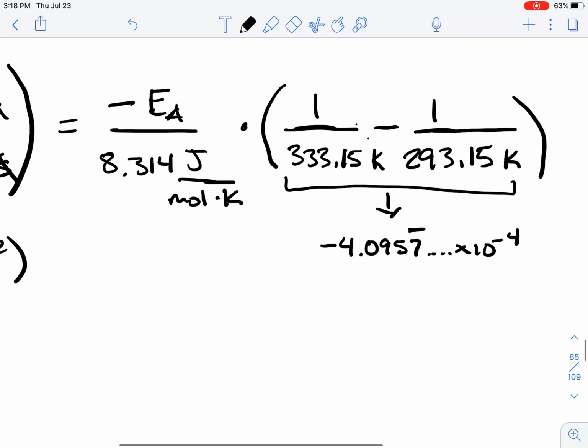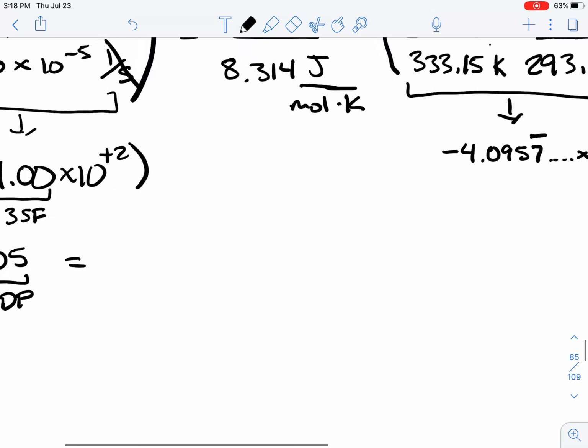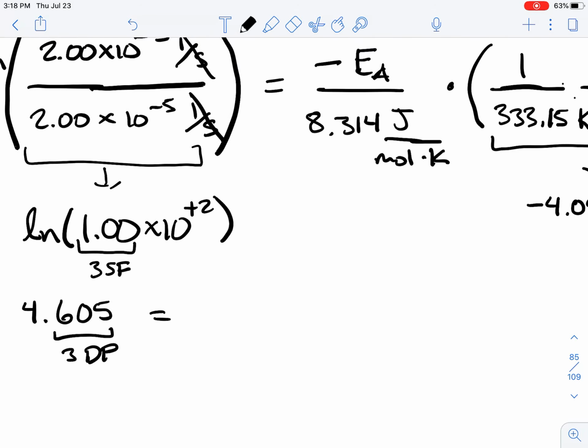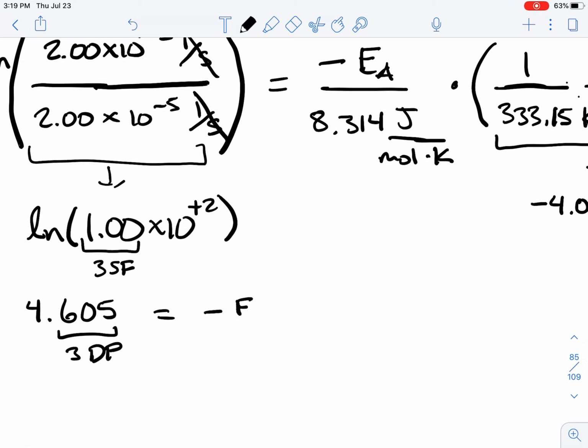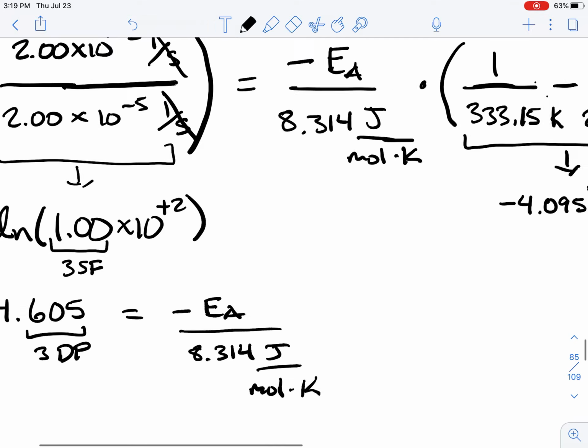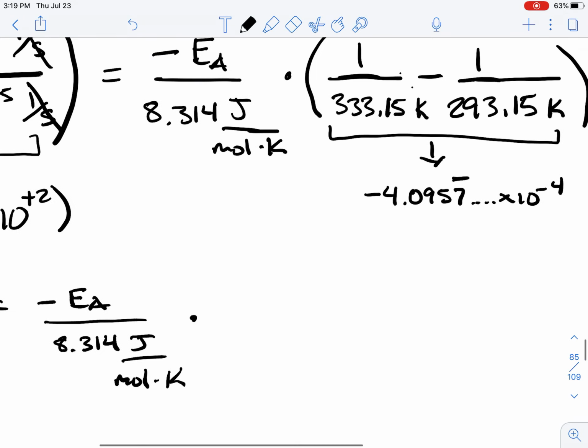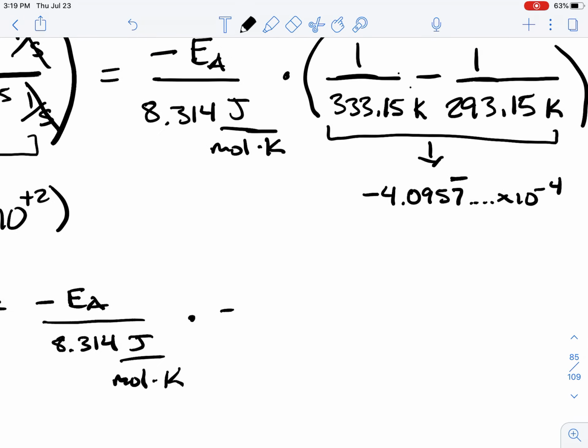All right. And so I'm going to bring everything else down. So this is going to equal negative Ea over 8.314 joules per mole times Kelvin, times negative 4.0957 times 10 to the negative 4.